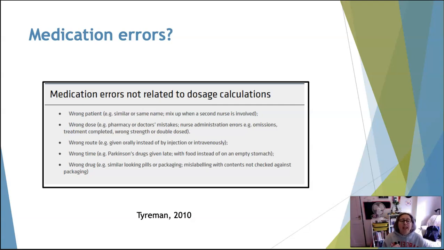So it's really key when we're thinking about medication errors to think about what they mainly are, what this could mean, and how easy it is, if we're following the appropriate policies and guidance, to hopefully reduce some of these medication errors.